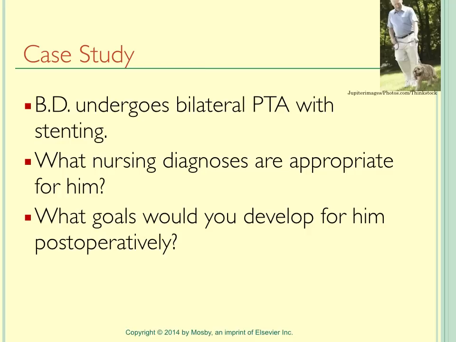BD then undergoes bilateral PTA with stenting. Then what nursing diagnosis can be appropriate for him after going through this procedure? Think about this. Okay, what goals would you develop for him post-op? So it will be no different from somebody who's going through the procedures of angiography.